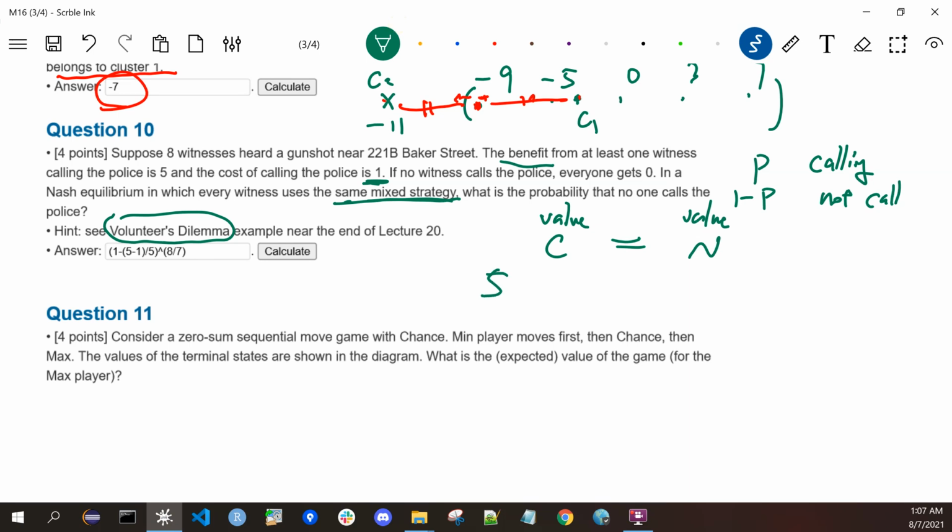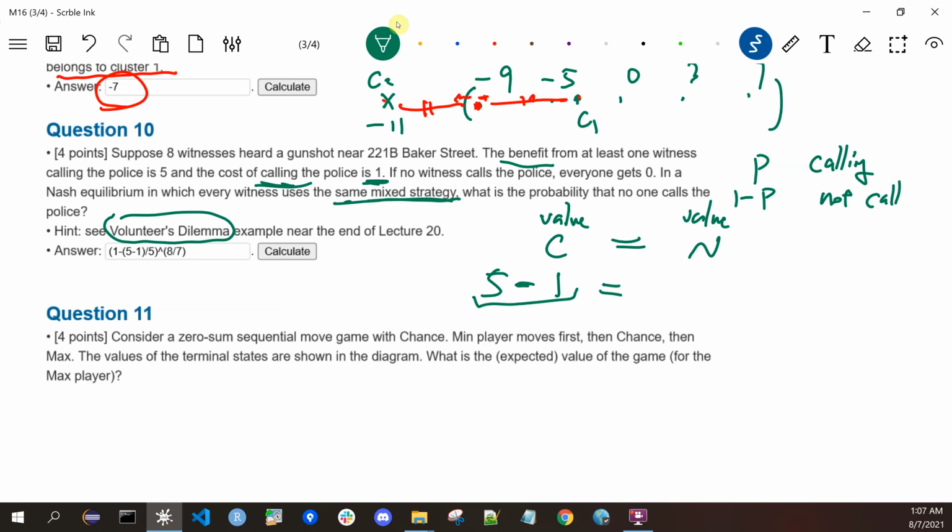So hopefully the police will come and solve the problem. Then everyone would get a benefit of 5. And I am one of the maybe few people who are planning to call. So I'm going to incur a cost of, say, picking up the phone and actually dialing 911. Then that cost will be 1. So my net benefit or value will be 5 minus 1 if I call.